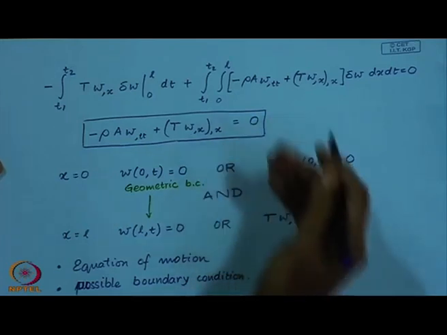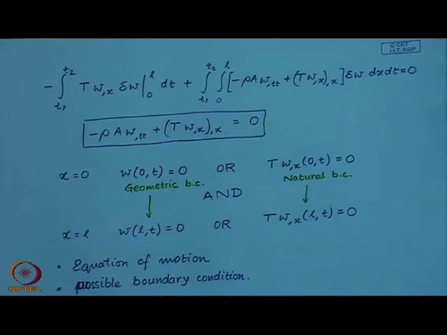So, when we use the variational formulation of the string or any continuous system, not only do we get the equation of motion, but we also get possible boundary conditions.